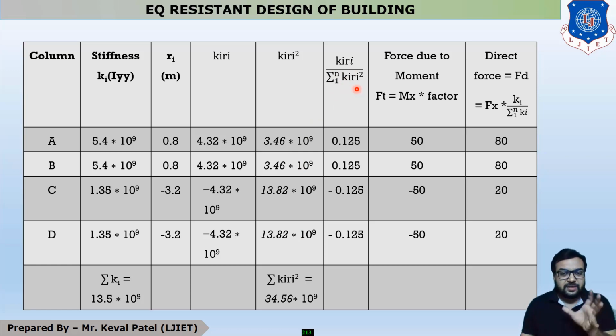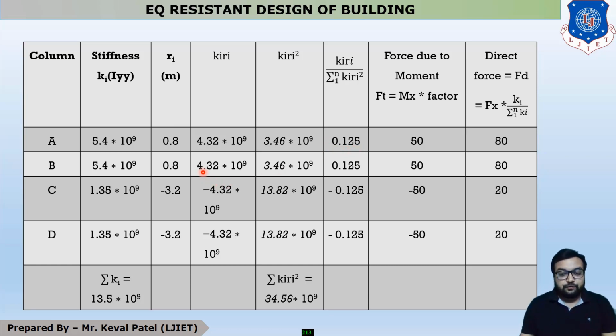This equation is just like distribution of base shear, VB into WiHi square divided by summation of WiHi square. But this equation is not given in the IS code provision, so you have to remember this equation. So KiRi means 4.32 into 10 raised to 9 divided by 34.56 into 10 raised to 9, so you will get your answer 0.125.